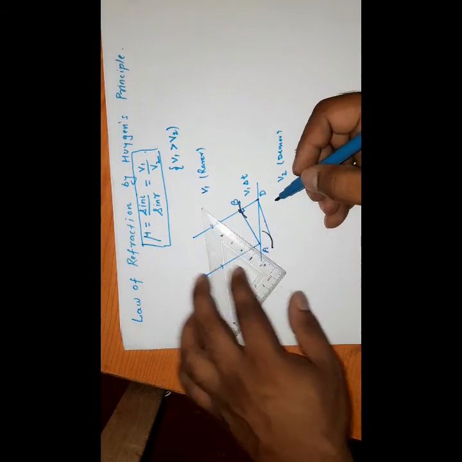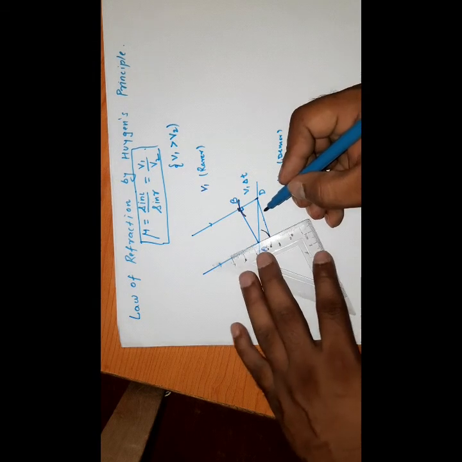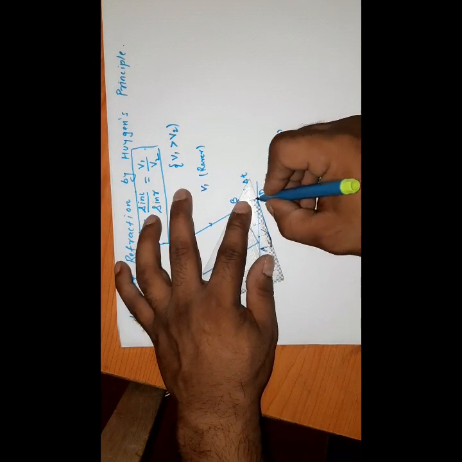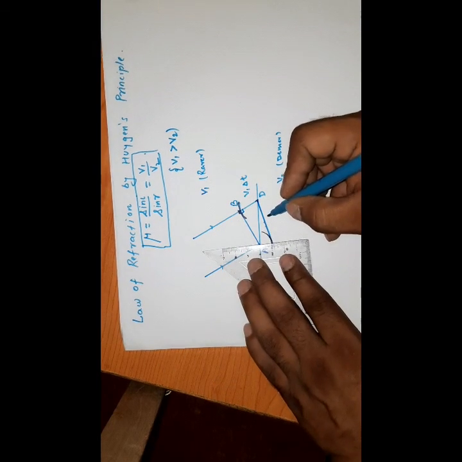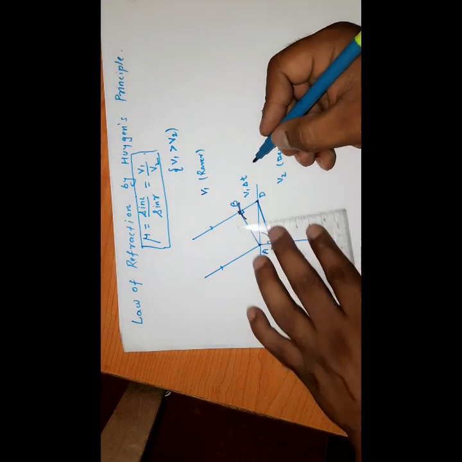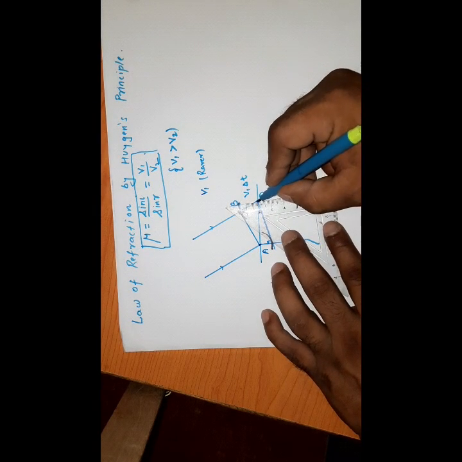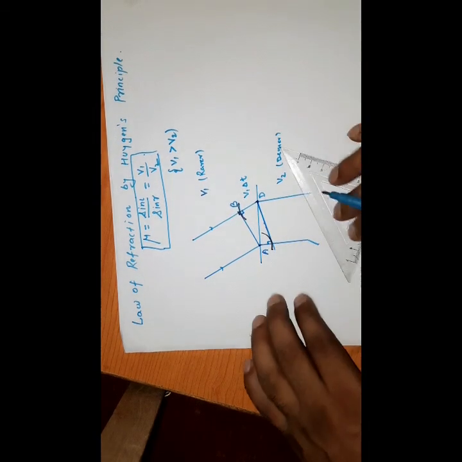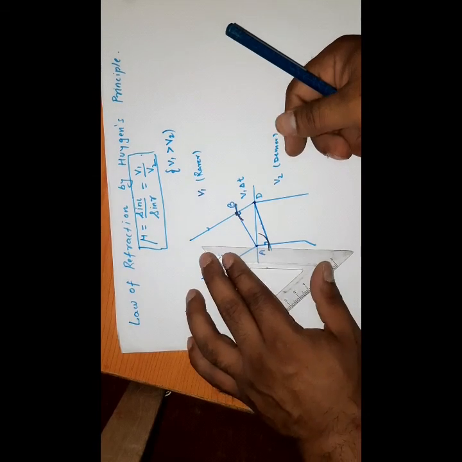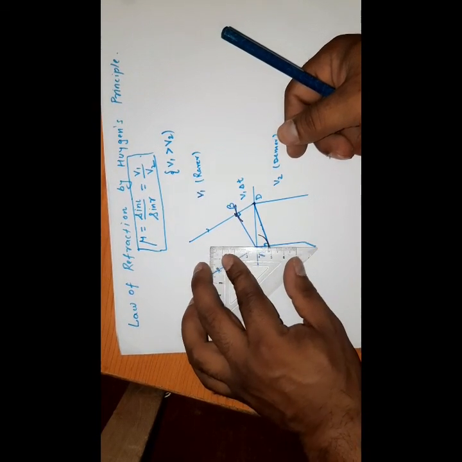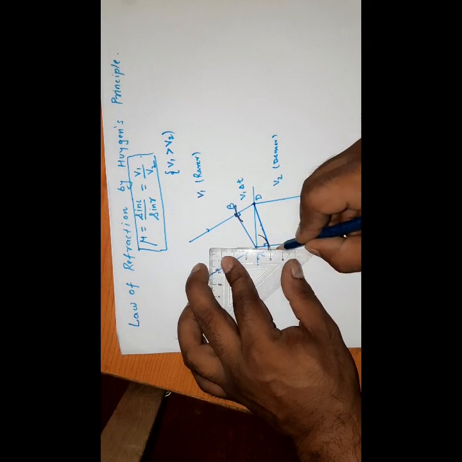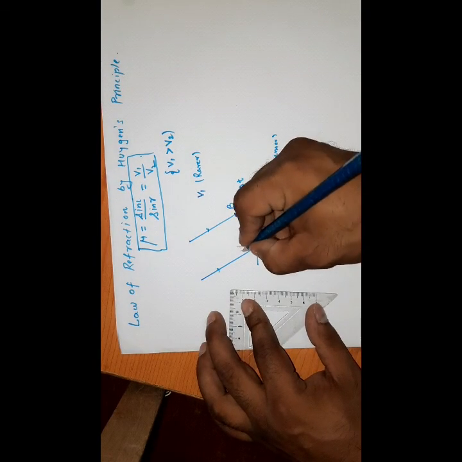Suppose this makes an angle of 90 degrees. So we see that the rays are bending like this. So this is 90, and again we will do one more in this way. If this is our normal, in this way, this is the angle of incidence.